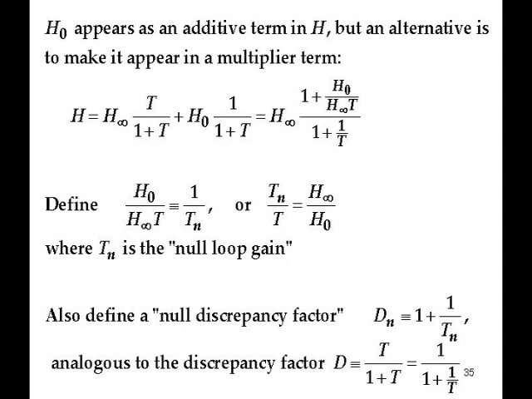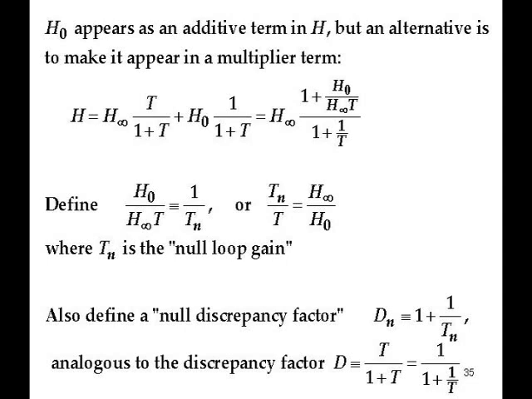And if I define that combination, H0 over H infinity T, as 1 over Tn, then you get the term at the bottom. Tn is the null loop gain, and we'll see why it has that name a little later on.